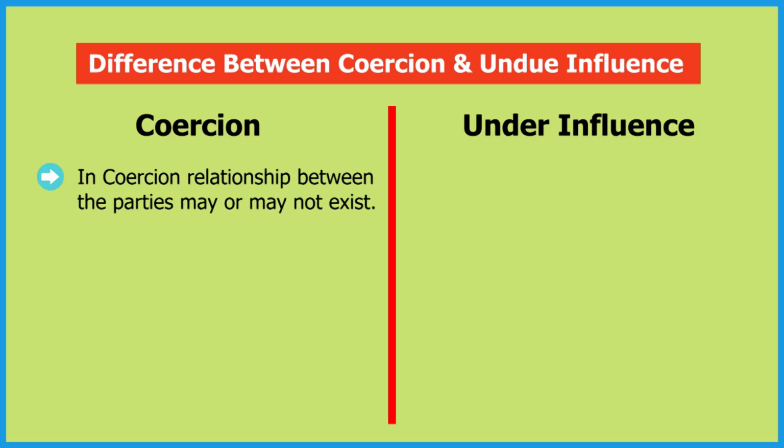Another distinction is, in coercion there may or may not be any relationship between the two parties. That means A and B may be knowing each other or may not be knowing each other. So that is something very strange to the contract or part and parcel of the contract.